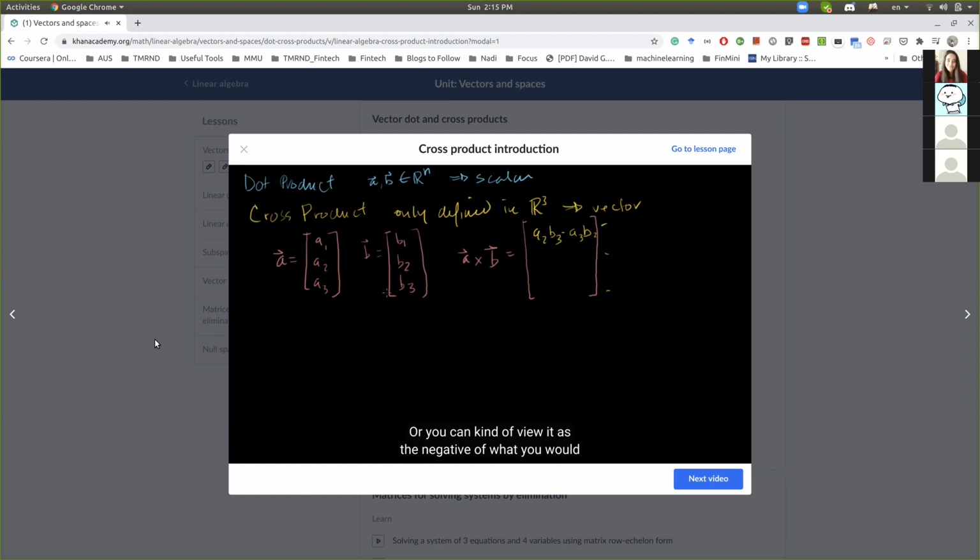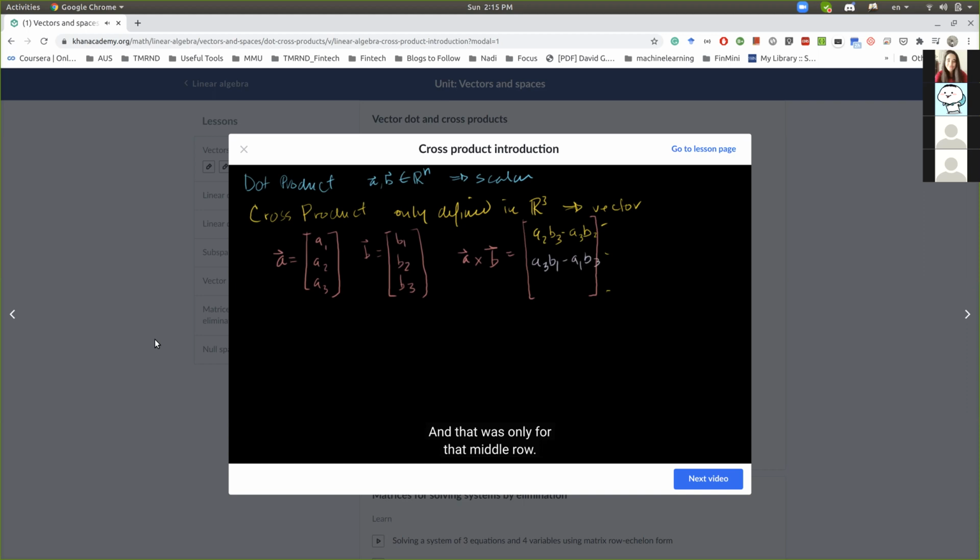You can view it as the negative of what you would have done naturally, which was A1 B3 minus A3 B1. And that was only for the middle row.